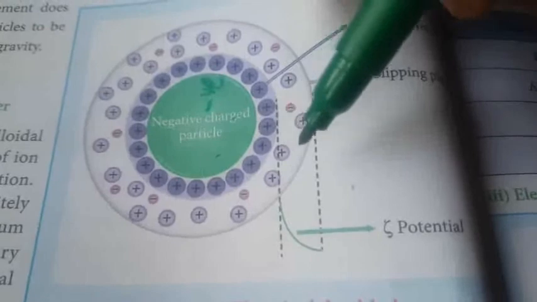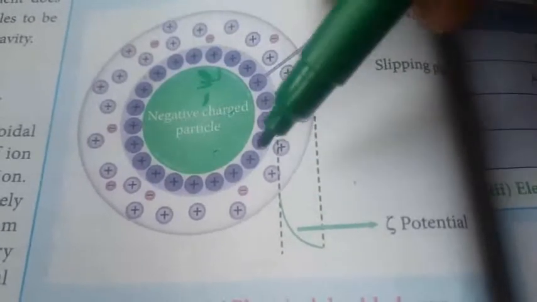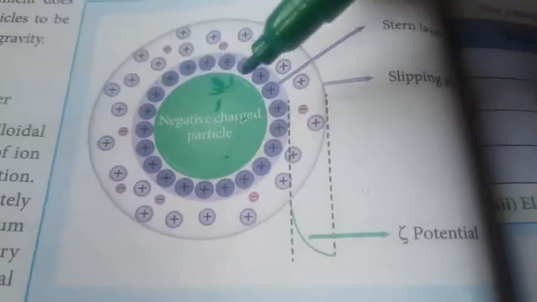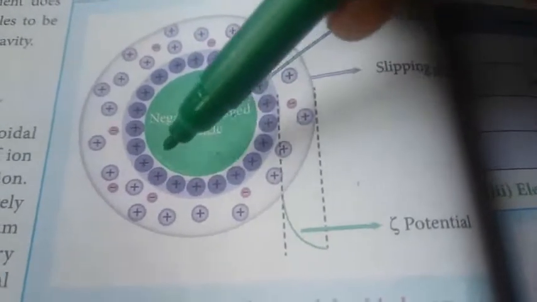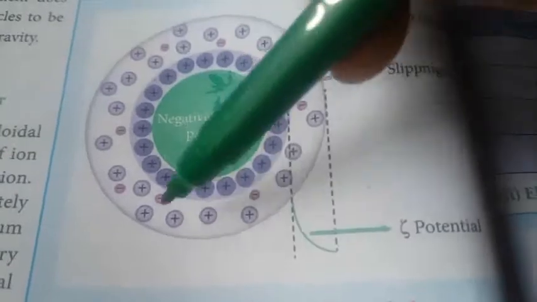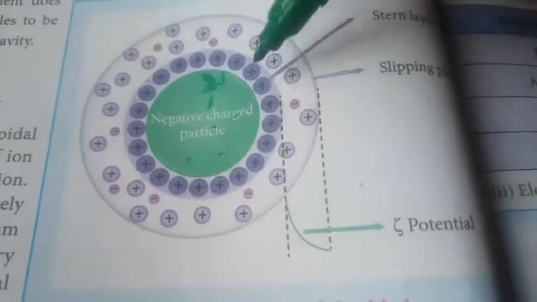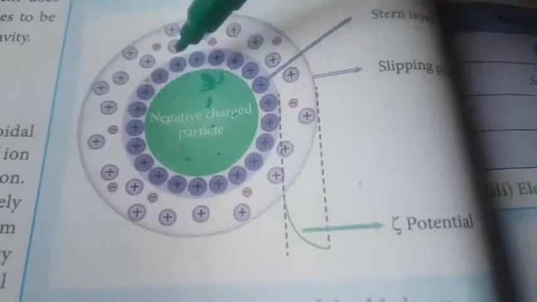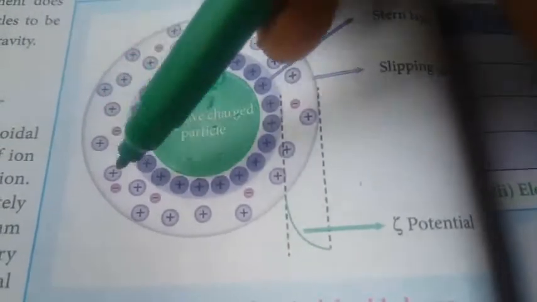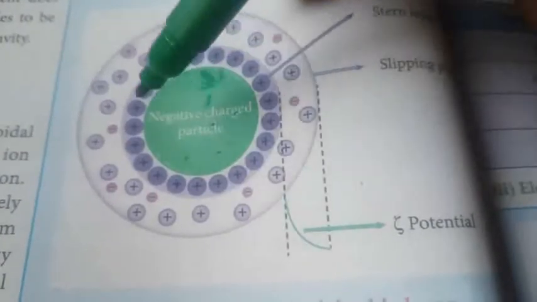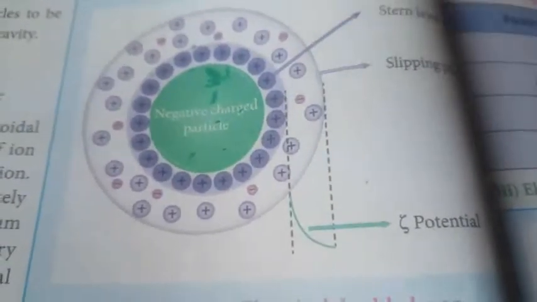This is called the boundary separating the two electrical double layers. Because the charge is negative, it attracts the positive charge, which is one layer, and another layer forms depending on this positive charge. They form the two layers. That is called the Helmholtz double layer.